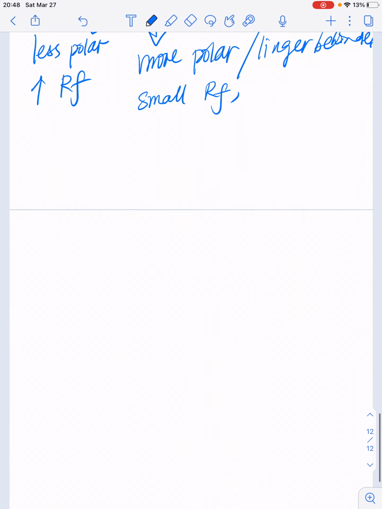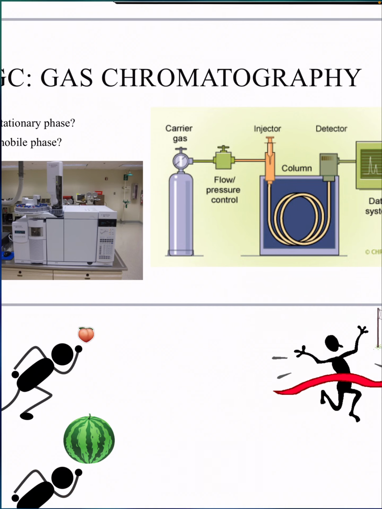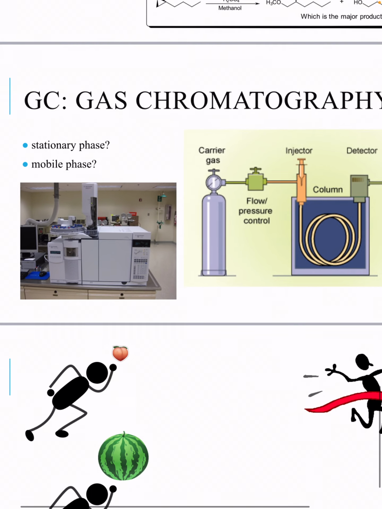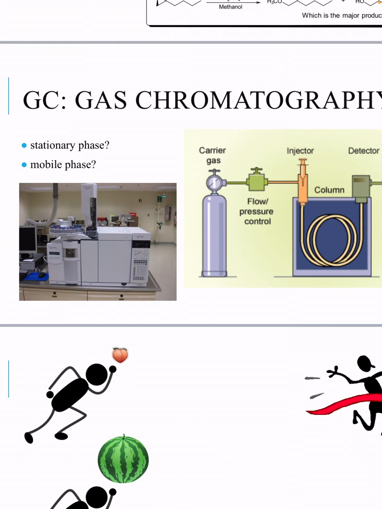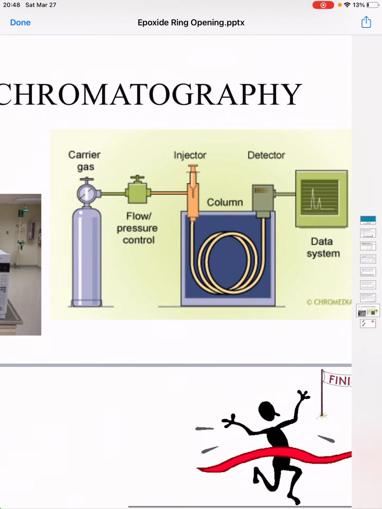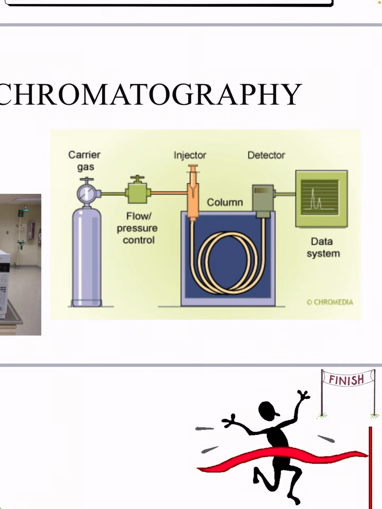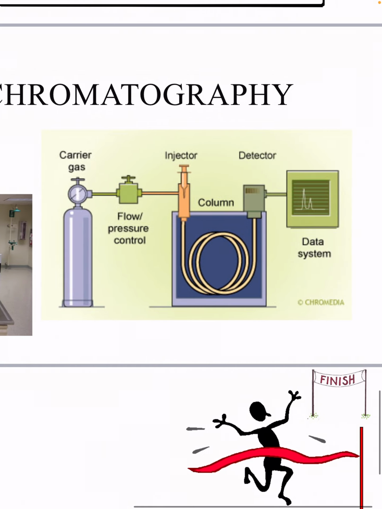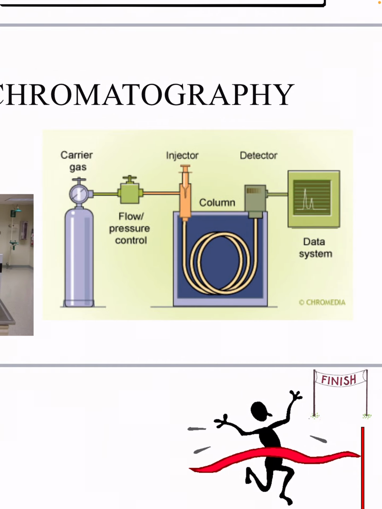And in GC chromatography, it's pretty similar. This is showing you the inside of a GC, and I'm going to show you that in class as well. What happens is that we have a carrier gas. It's mainly an inert gas, either nitrogen or sometimes helium. The inert gas is only the mobile phase to carry your product through the column.